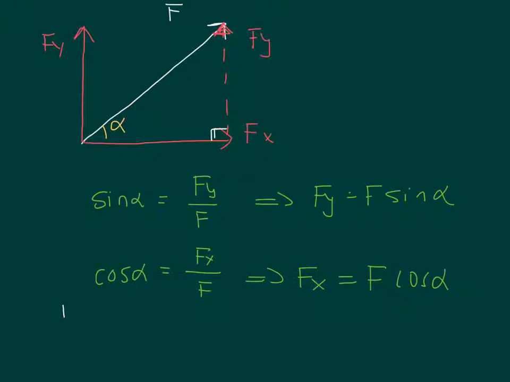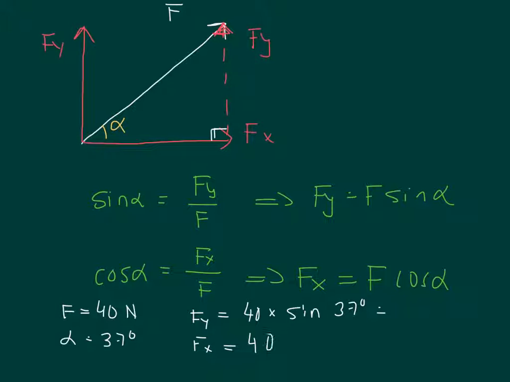And if you decide to use the numbers I provided earlier, the force is 40 newtons and the angle was 37 degrees. What you get for Fy, how many newtons up, is 40 times sine 37 degrees, which is something, and Fx gets the value of 40 times cosine 37 degrees.